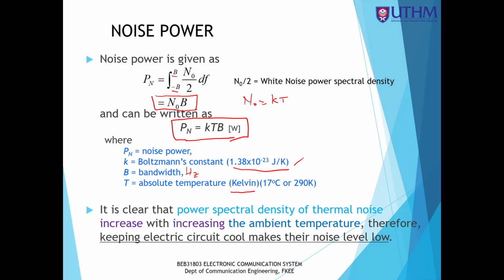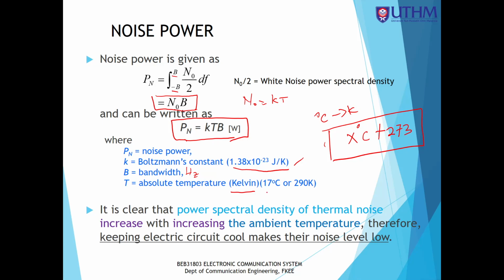So how to convert Celsius to Kelvin? For temperature in degrees Celsius, for example X Celsius, you need to add 273, then you will get the parameter in terms of Kelvin.